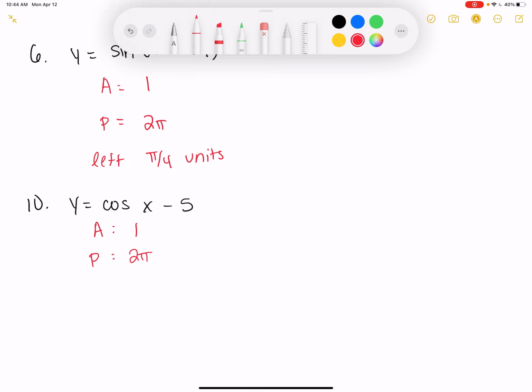It is down 5. It is down 5 because this is not in parentheses. If this looked like this, it would have been right 5. But because it looks like this, it's down 5.